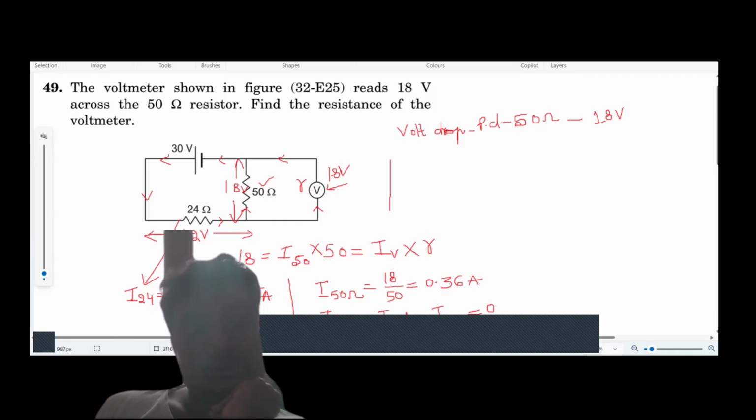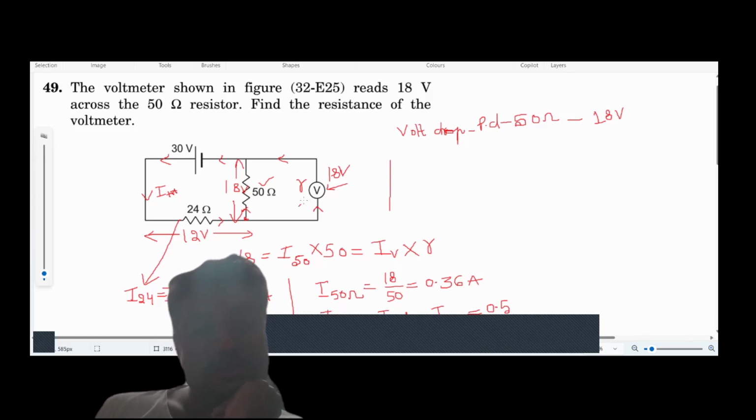Why do we have to do this? We know the total current flows through the 24 ohm first and divides at this particular node between the 50 ohm and the voltmeter.